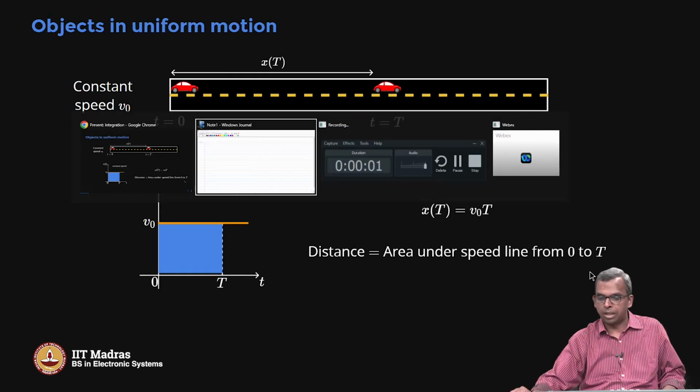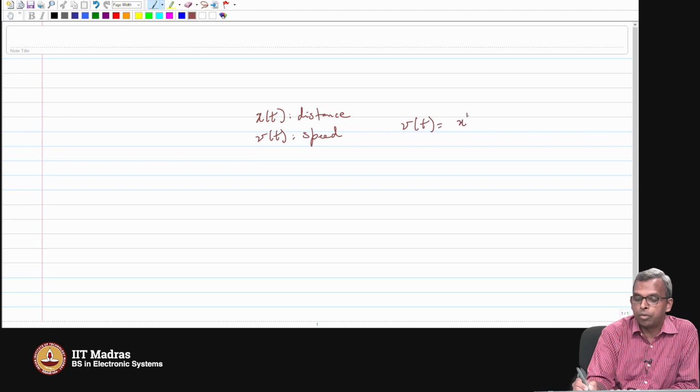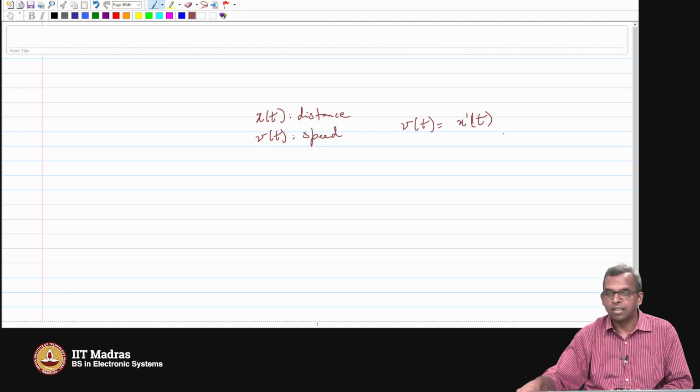So that also is something which you can easily see. Now, if x of t is the distance and v of t is the speed, v of t is x prime of t, isn't it? The derivative of distance with respect to time is the speed, okay, right?